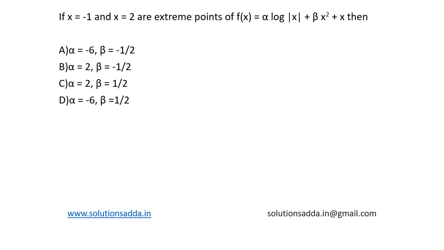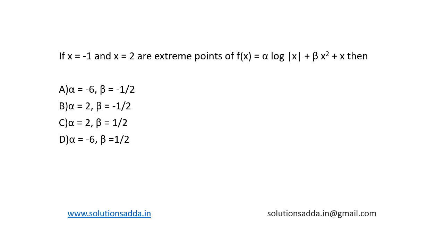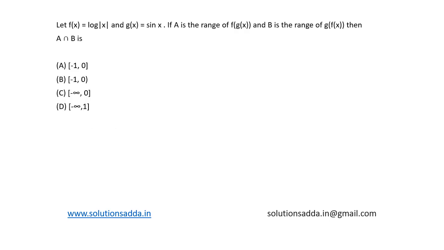This is a question from engineering mathematics. Let f of x be log modulus x and g of x be sin x. If A is the range of f of g of x and B is the range of g of f of x, then A intersection B is, and four values are given.